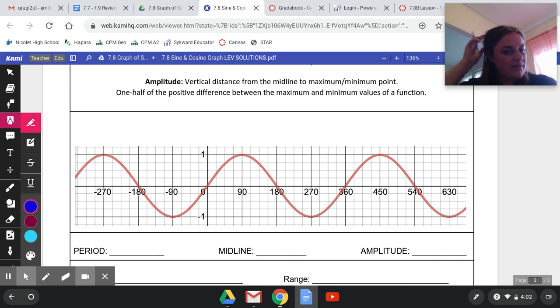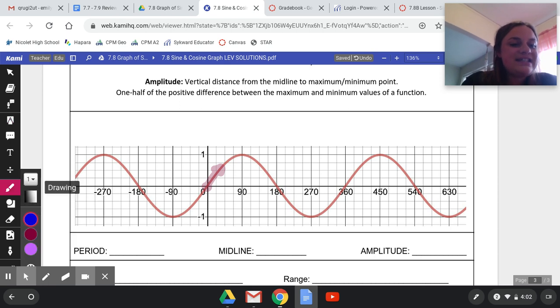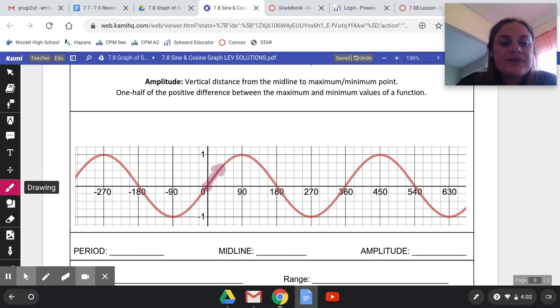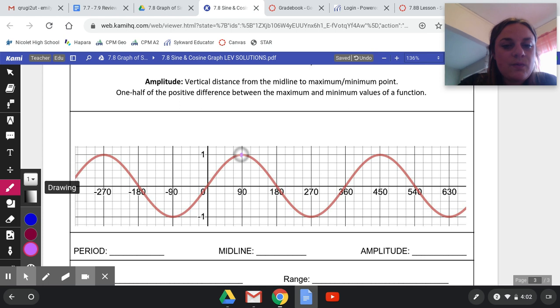Well, first of all, let's talk about this. Is this a sine or a cosine graph? You know it's a sine because it soars. It starts at the origin and it soars. Great. Now the period is the distance between two peaks. Here's one peak and here's another peak.